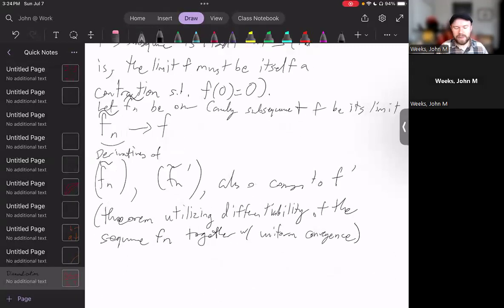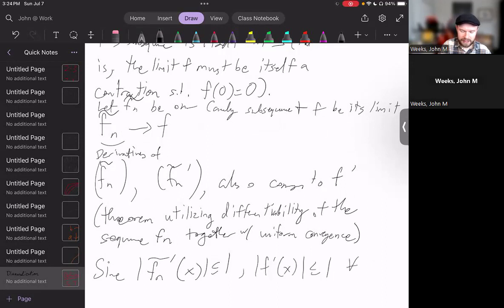So the derivatives of these f sub n also converge to f prime, and since we actually know what these derivatives are bounded by, values between -1 and 1, we actually have that the absolute value of f prime of x is less than or equal to 1 for all x inside of our domain.